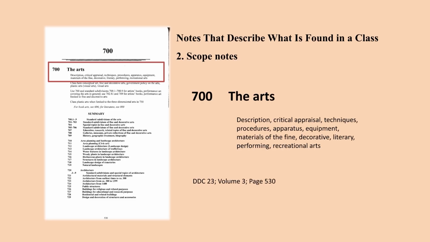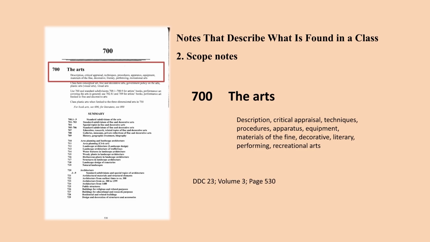The second one was scope note. So if you go to volume 3 of Dewey Decimal Classification and in page number 530, we will get main class 700, the arts. Under the arts, we will get a first paragraph written something like that: description, critical appraisal, technique, procedures, apparatus, equipment, materials of fine, decorative, literary, performing, and recreational art.